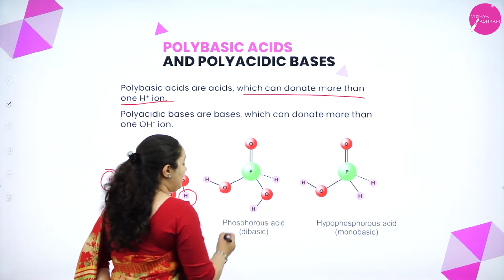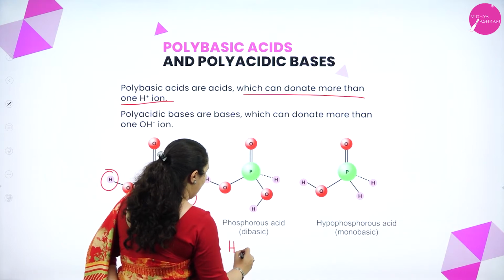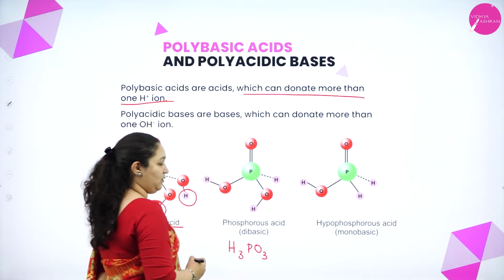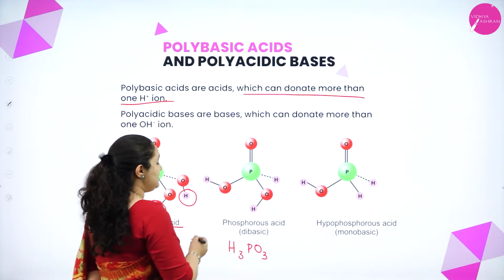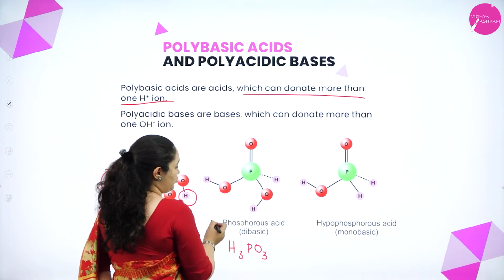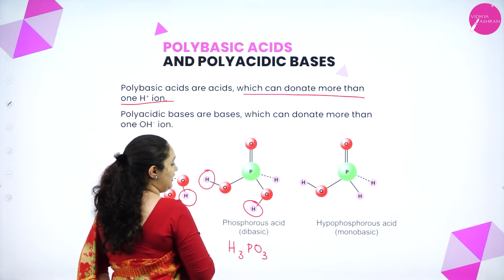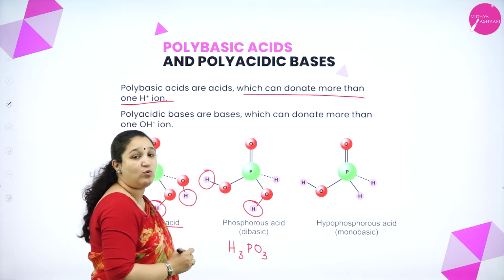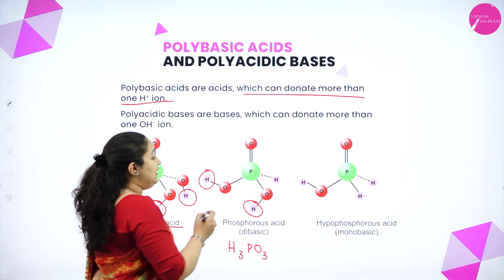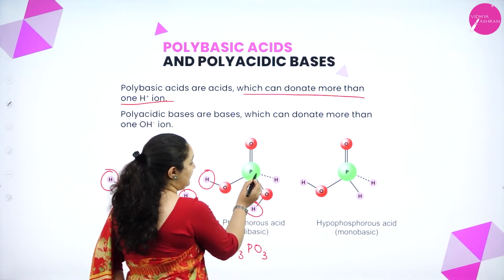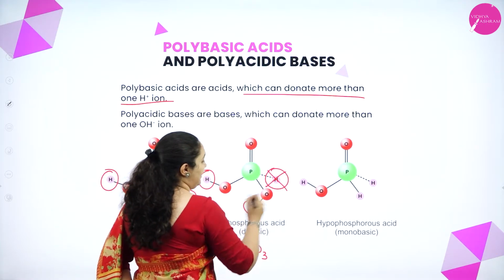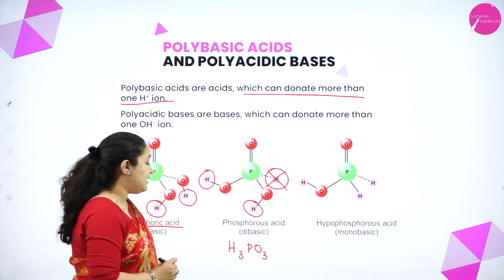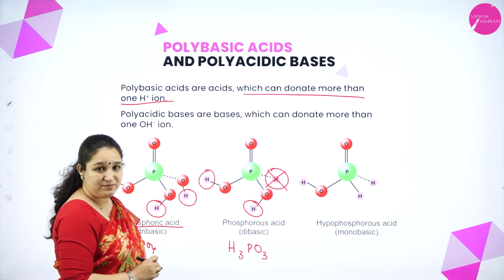Now, if you take phosphorus acid, that is H3PO3, this is a dibasic acid. Even if you have 3 hydrogen atoms, only these 2 are replaceable, which are bonded to the oxygen atom. The hydrogen which is directly attached to the phosphorus cannot be replaced. Okay, so it is a dibasic acid.